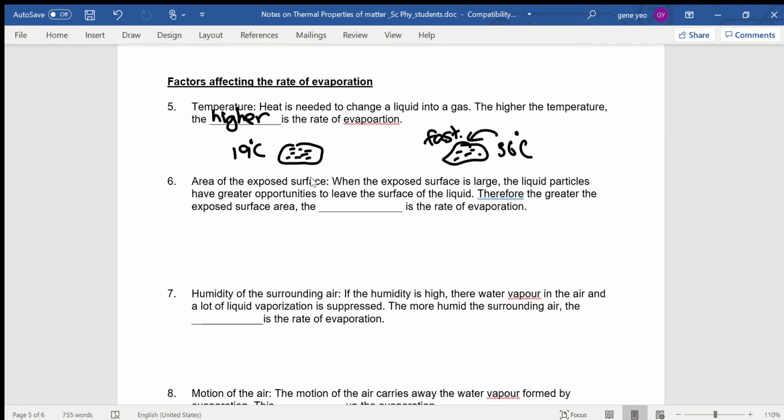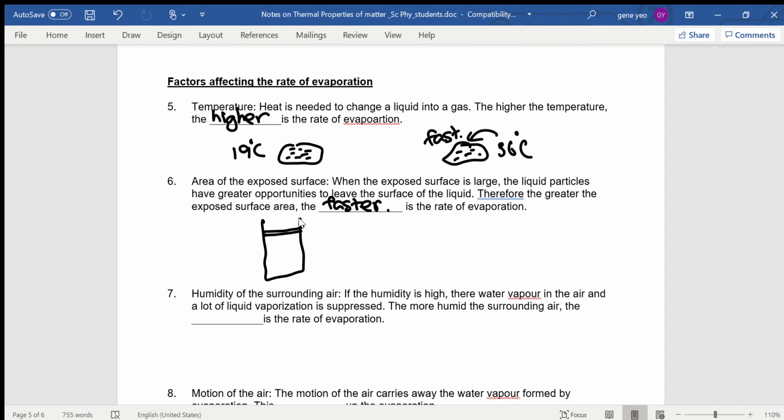Now, area of exposed surface. When the surface exposed is large, the greater the surface area, the faster the rate of evaporation. Again, this makes sense because evaporation only takes place at the surface.